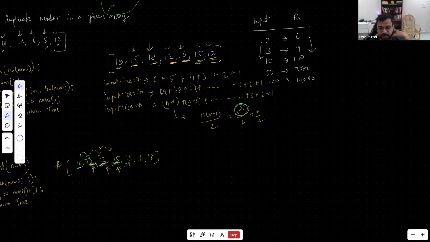Will you be able to pay this much money? For 3 steps, it is 9. Imagine this is the mileage of your car. For 2 kilometers, it is taking 4 liters. For 3 kilometers, it is taking 9 liters. For 100 kilometers, it is using 10,000 liters. Will you drive that car?